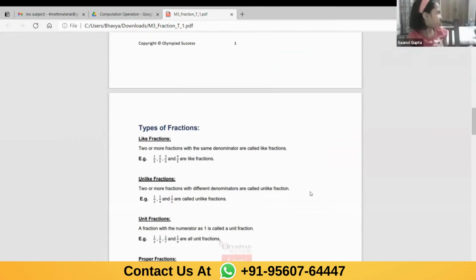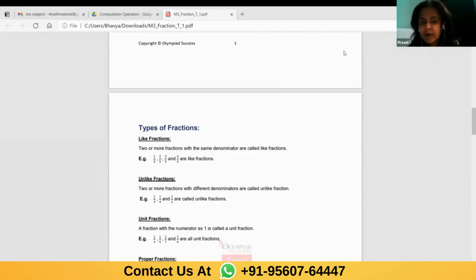Okay. Whenever 1 is there in the numerator, we call that fraction a unit fraction. A fraction with the numerator as 1 is called a unit fraction. Denominator can be anything more than 1. Why not equal to 1?